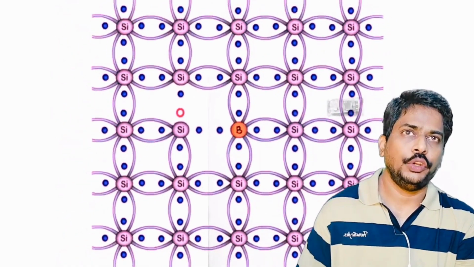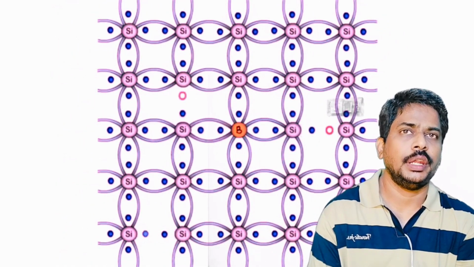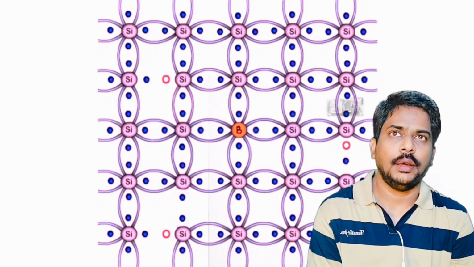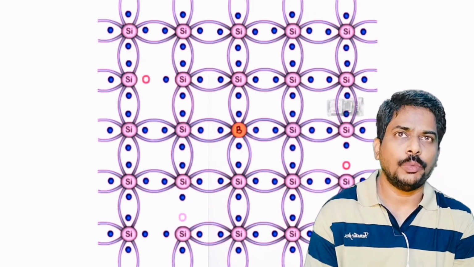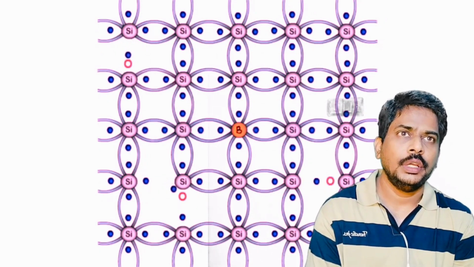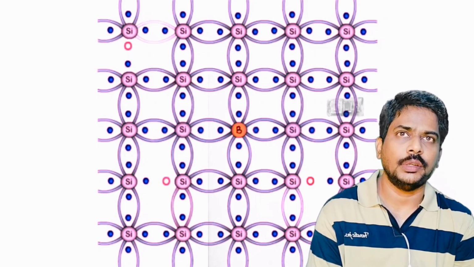So an electron is free to move into it, thus creating a hole, and the hole and the electrons move in opposite directions to each other, or the electron tries to move into the vacant position, thus creating another vacant position at another point.